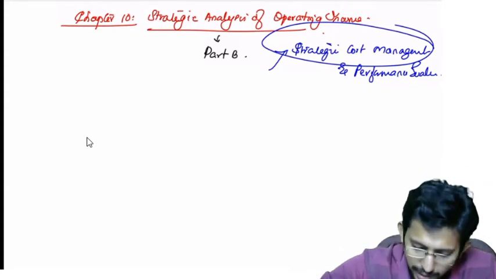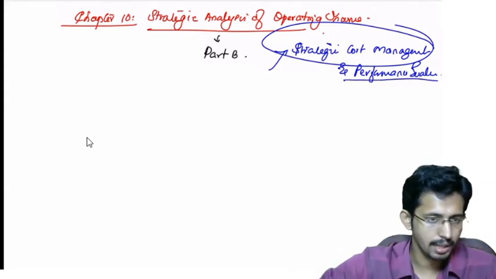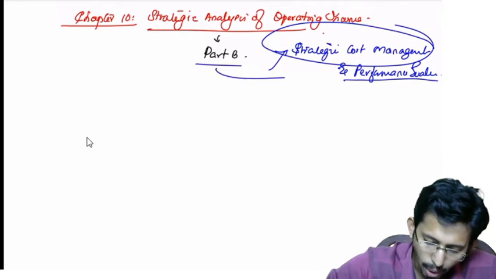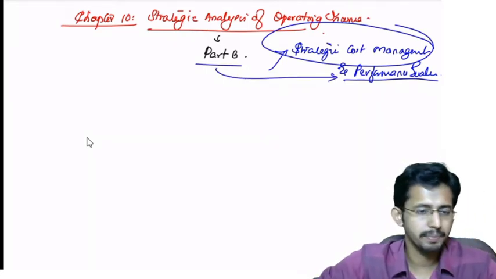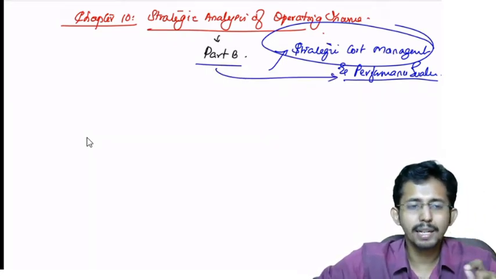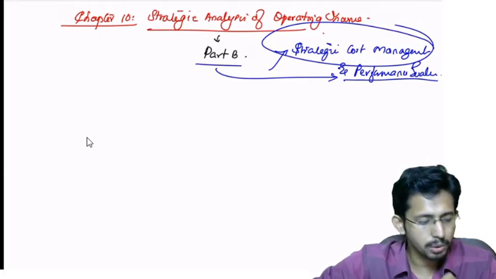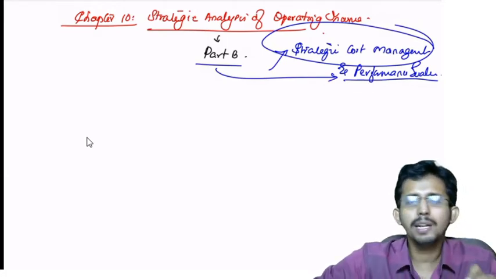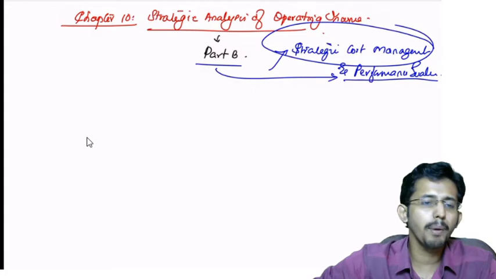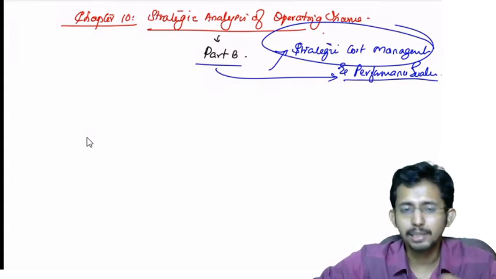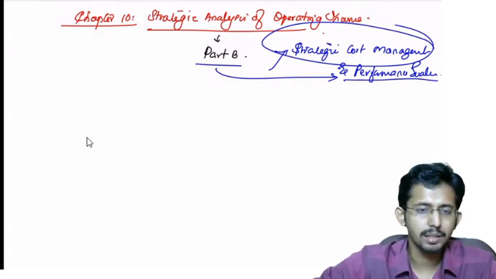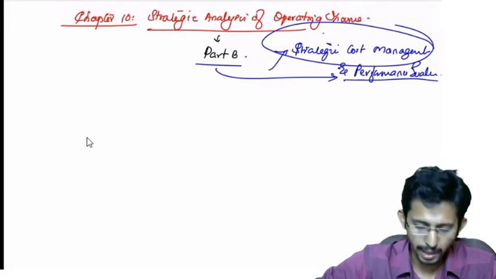That part is what is covered under performance evaluation, and part B is all about performance evaluation. Okay, so in part B we are going to see evaluation of the strategies employed for the cost management. Okay, that is what is known as performance evaluation.